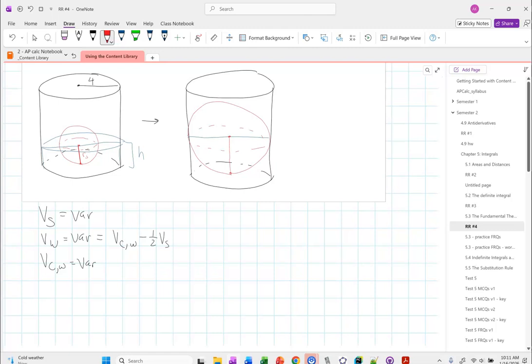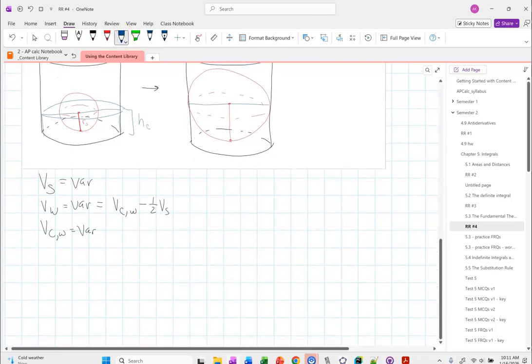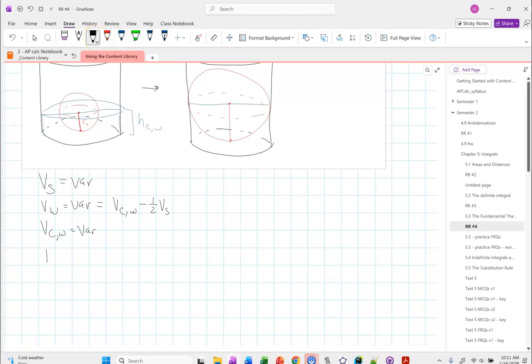Yeah. Okay. I also observed that the radius of the sphere, we're told, is equal to the height of the cylinder of water. Everybody's okay there? And that's all variable.